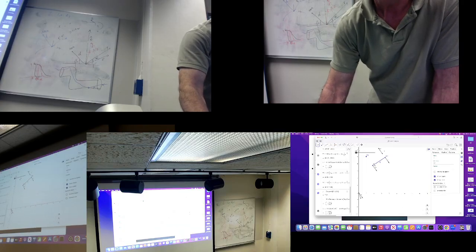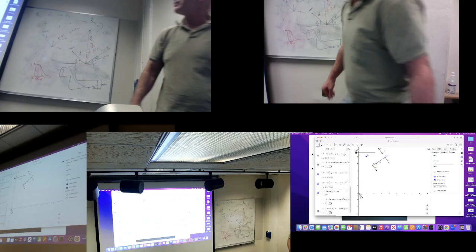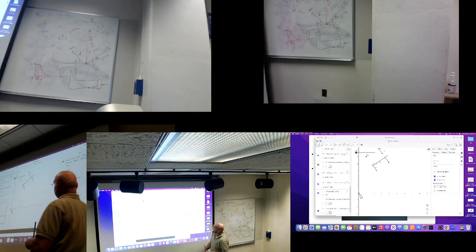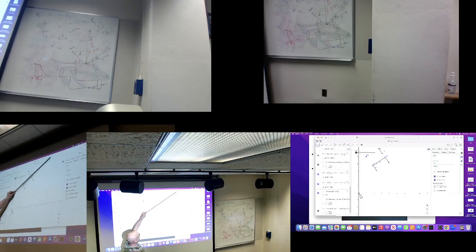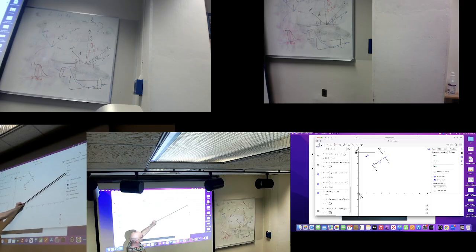Here is my wavefront of the light. So my source of light is somewhere here at infinity, and that's the direction to the sun, and the frontier of the light moves like so, parallel to itself.